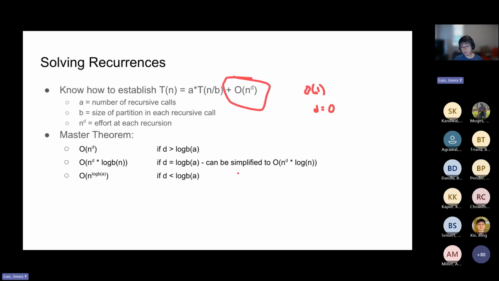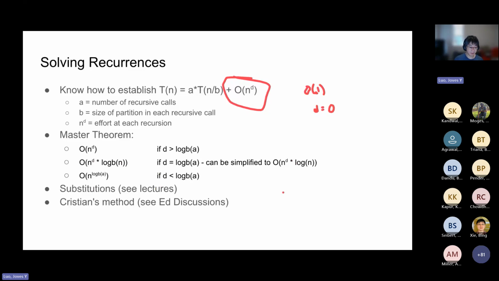If this looks scary to you and you don't like using this and you don't like memorizing this, you can also use substitutions, which in lectures I find very difficult to understand. Some students find it much easier. It's up to you. There's also another process we like to dub Christian's method, because Christian's the one that wrote the post. Originally, Christian is a head TA that's no longer with this class, but we keep our memories of him intact by saying it's Christian's method.